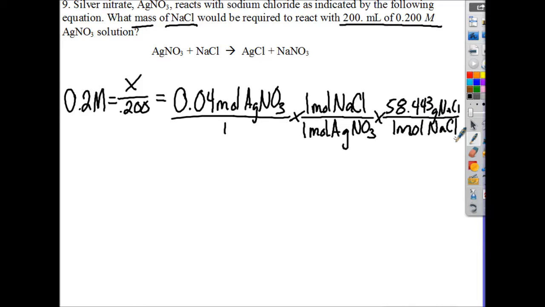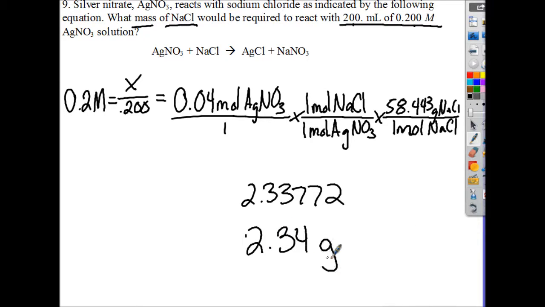Multiply this out, and that means that we need 2.33772 grams, and we have 3 sig figs, so I'm going to round this at 2.34 grams.